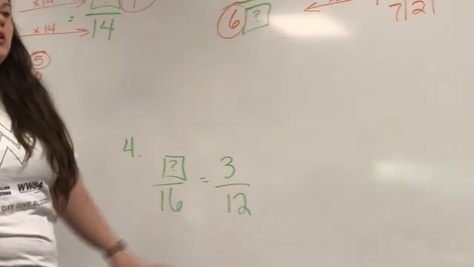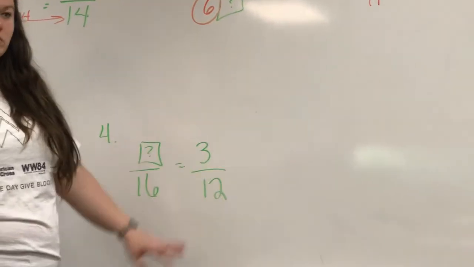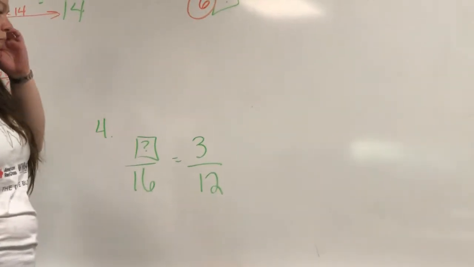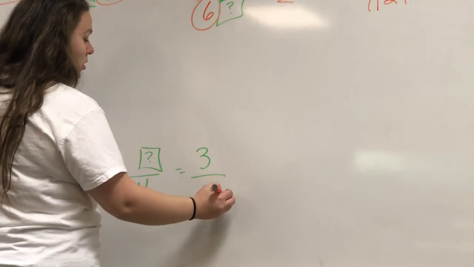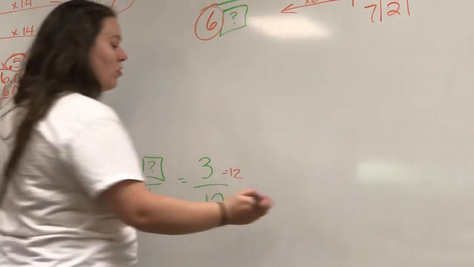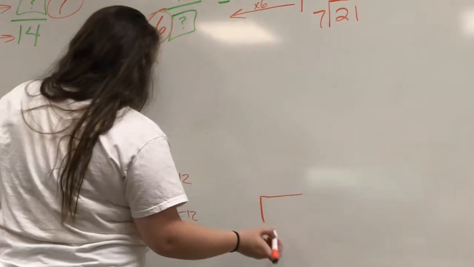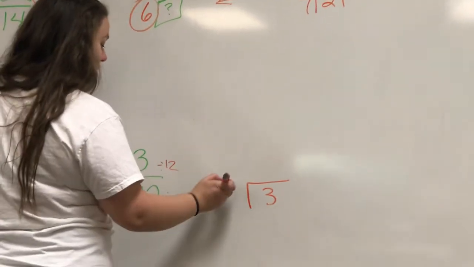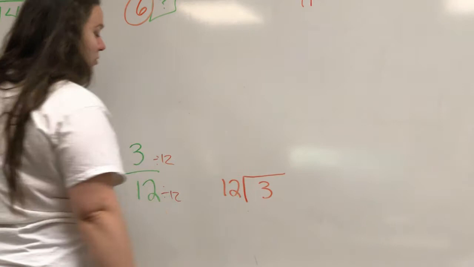Okay, try and find the unit rate of this one. Okay, divide by 12, divide by 12, push the top number over. 3 and 12.